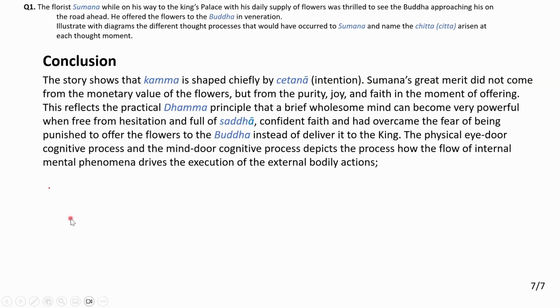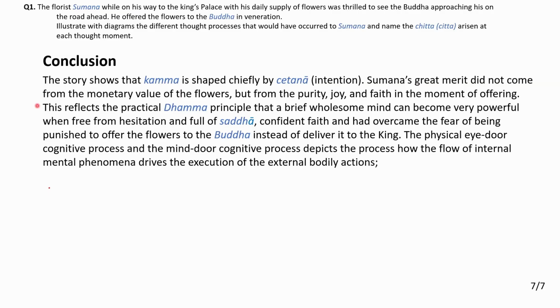As a conclusion, the story shows that kamma is shaped chiefly by cetana, or intention. Sumana's great merit did not come from the monetary value of the flower, but from the purity, joy, and faith in the moment of offering.